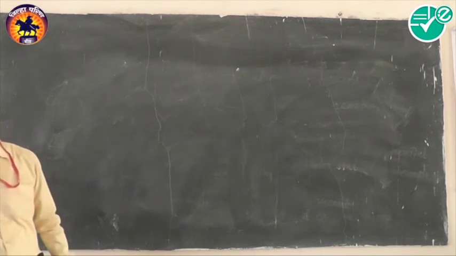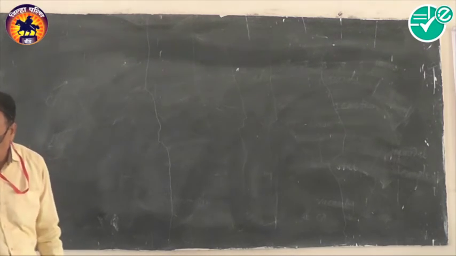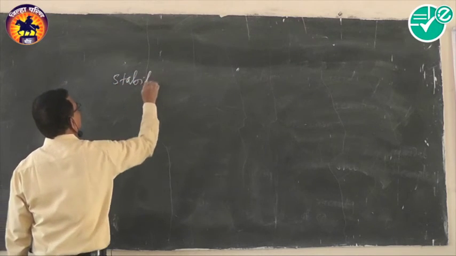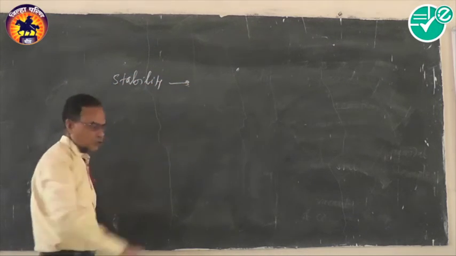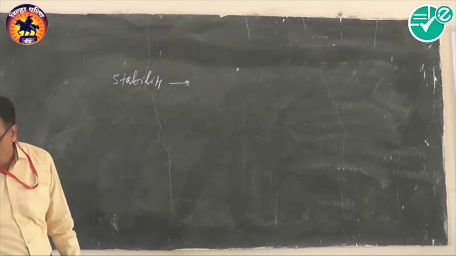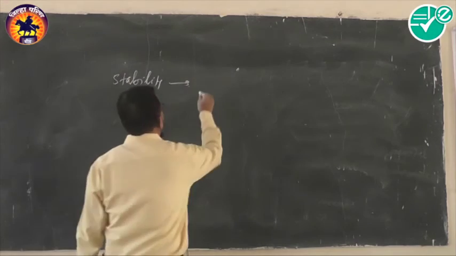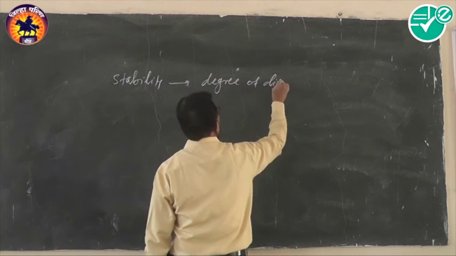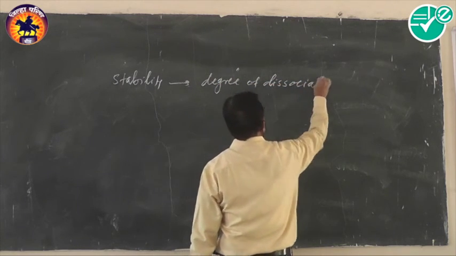The stability constant of a complex in solution refers to the stability of the complexes, that is, the degree of dissociation between the species involved.